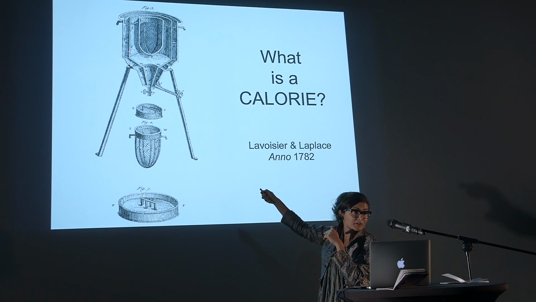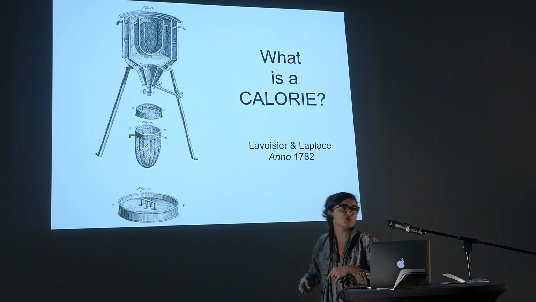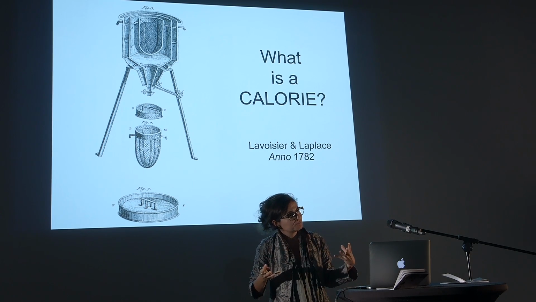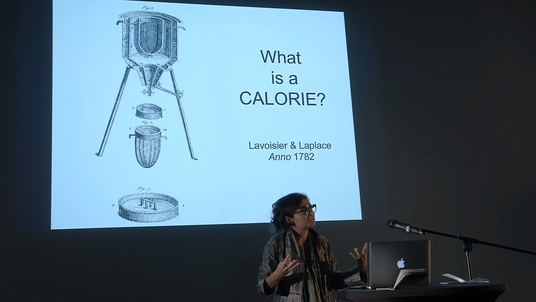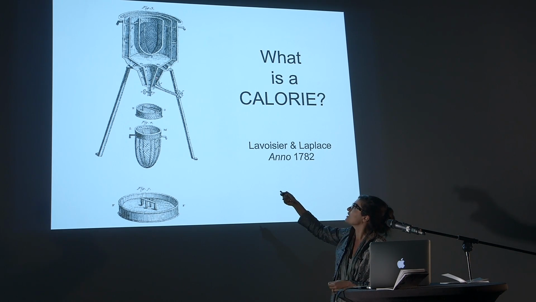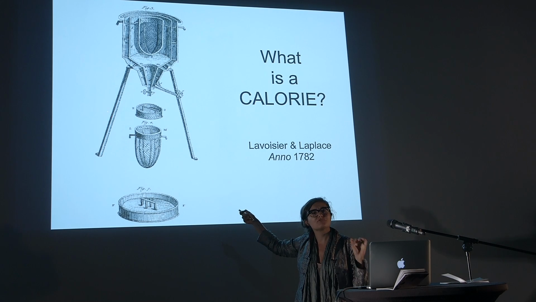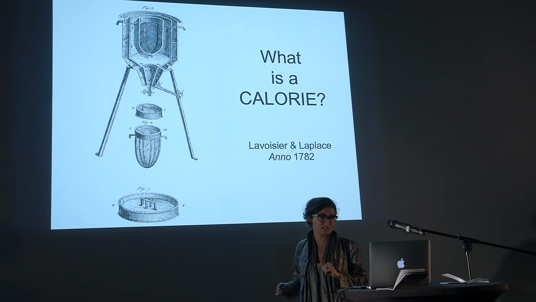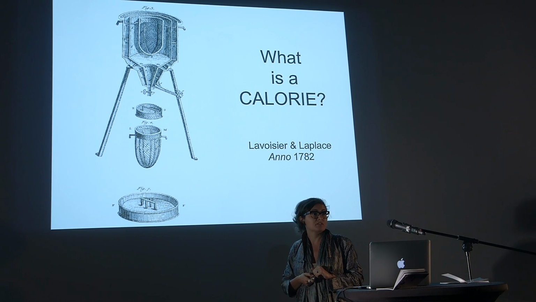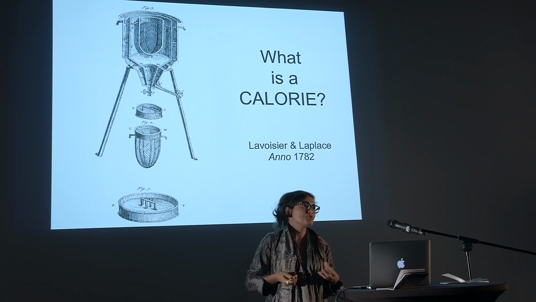You set it on fire, you close the lid, and while there's oxygen in the chamber, the food is going to burn. When the food burns, it creates heat, and the heat melts the ice. So in the 1700s, calories were measured with milliliters of water that would drip down from this tap. So calories is basically heat that is produced through combustion.